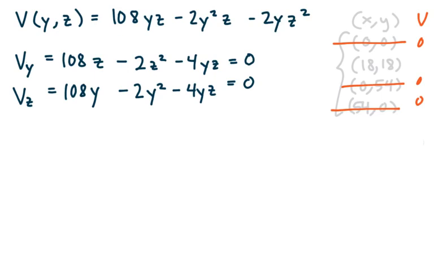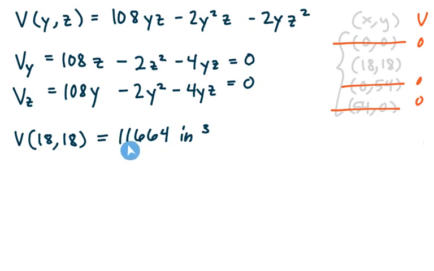The maximum is going to occur when I plug in 18, 18. And V of 18, 18 is going to create a maximum volume of 11,664 inches cubed. So this is the maximum volume box that we can use or ship.